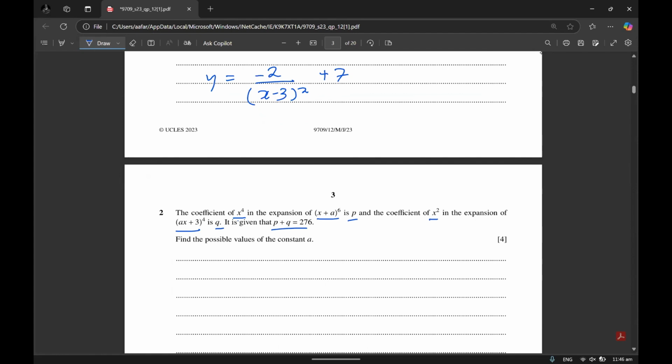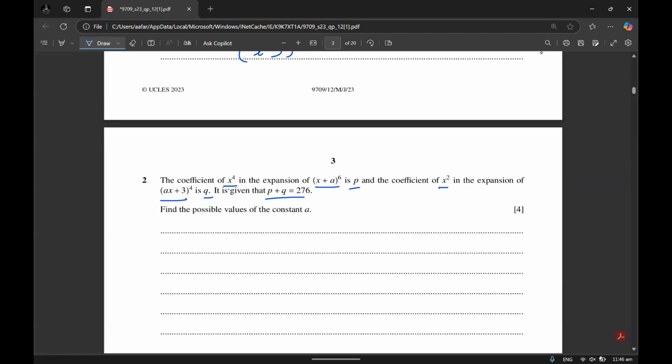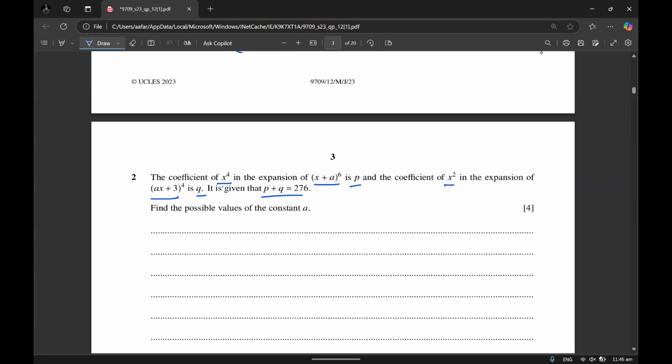It's a very simple question, but it's a lengthy question. We first need to find the coefficient of x power 4, which is p, then we need to find the coefficient of x squared, which is q, then we add them to get 26. The simplest way is to find a specific coefficient of x power something.